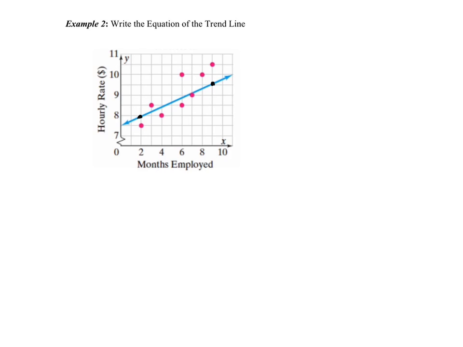Okay, so your first step is you want to create or identify your points on the trend line. So after we identified our points on the trend line, we want to use the slope-intercept form, which is y equals mx plus b. So let's first identify our b value. And where does the b hit our y-axis?